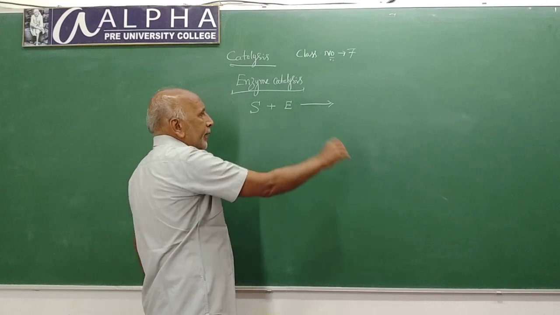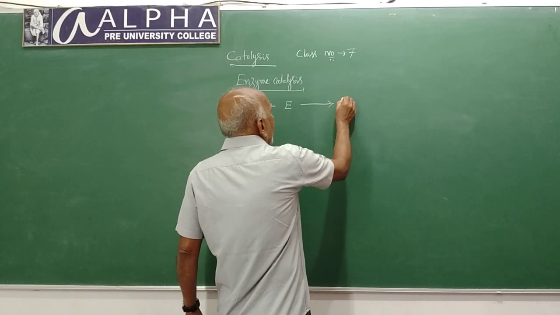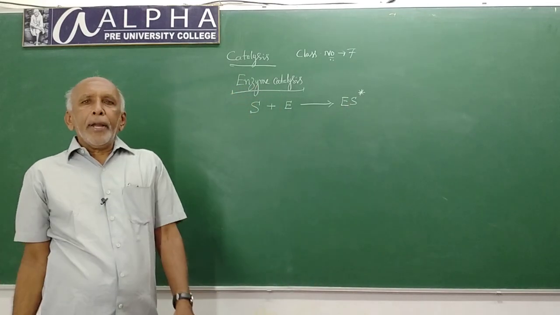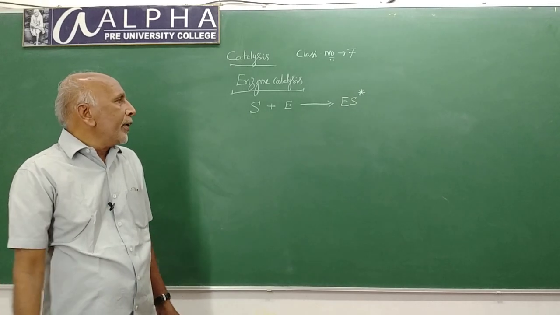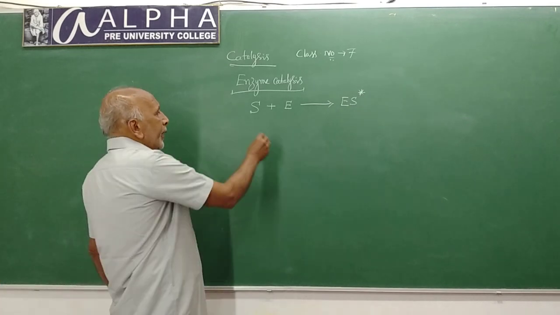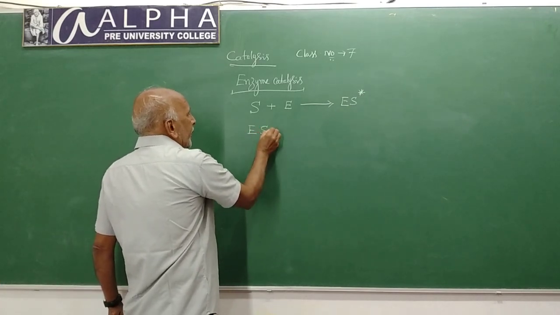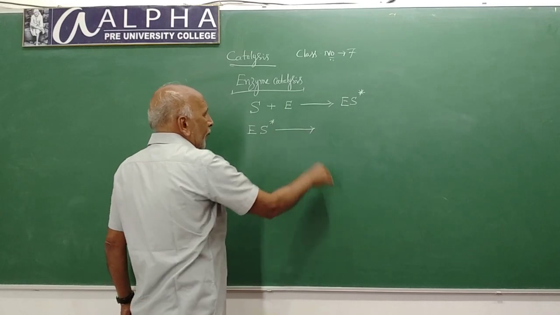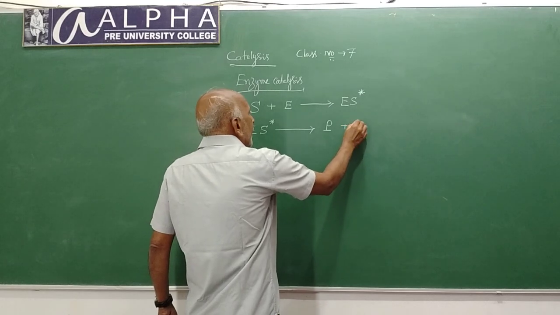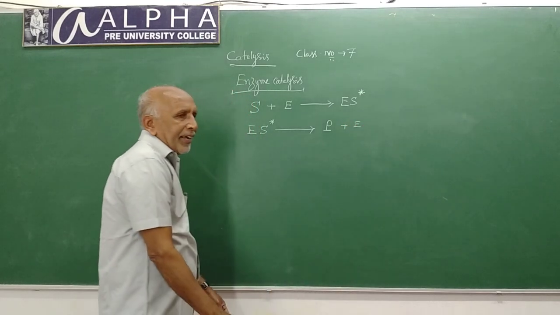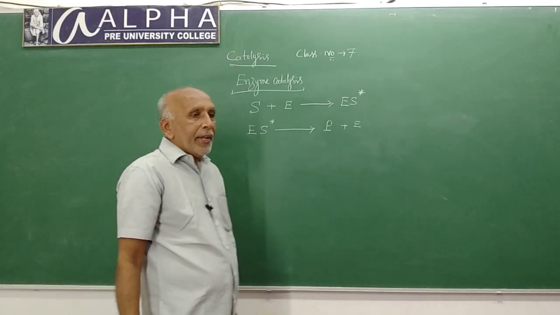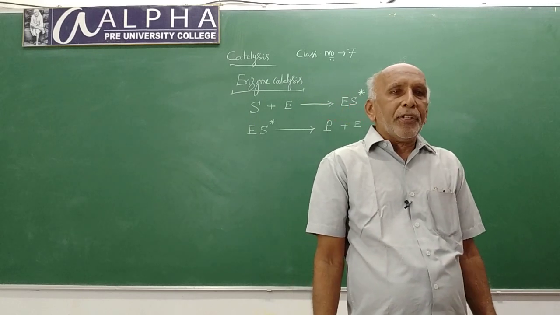Reactants first combine with enzyme to form an energy-rich activated complex or reaction intermediate, which is highly unstable. Next, this complex ES decomposes to form the desired product P with the liberation of enzyme. This is the mechanism of enzyme catalytic reactions.